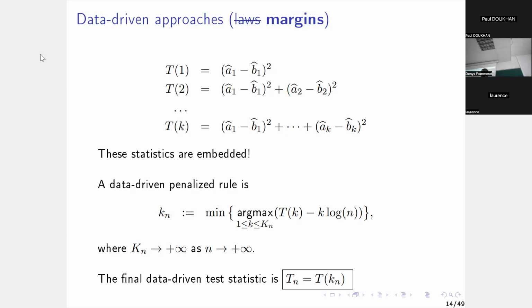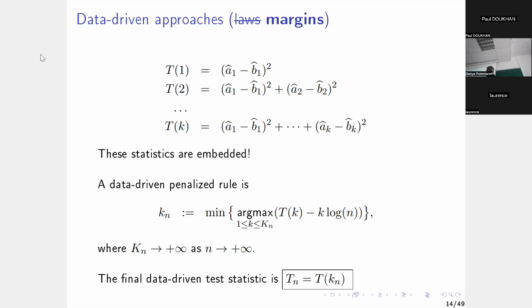And finally, your statistic is called data-driven because you use this rule, and you can have k that tends to infinity, not too fast, but you have a rule to get that. Then we choose this automatic statistic.